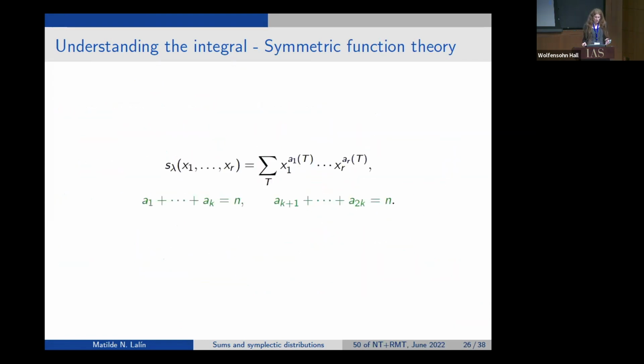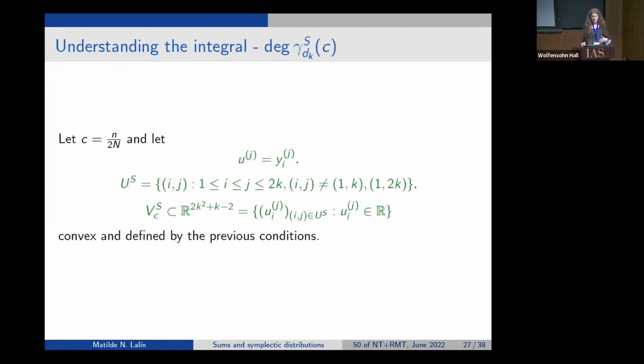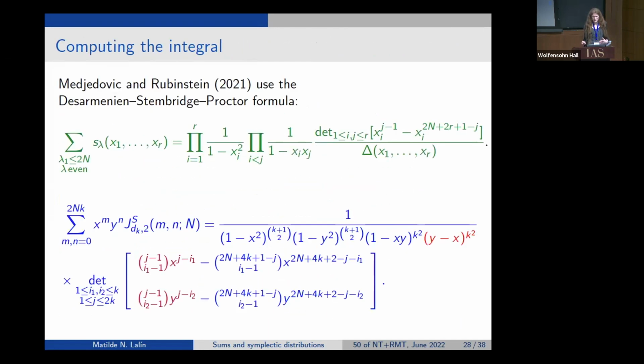To compute it, it is actually good to write it in terms of determinants.